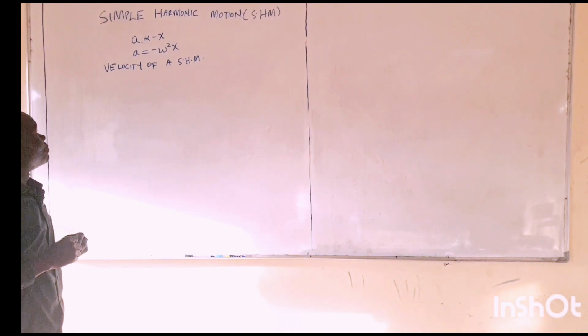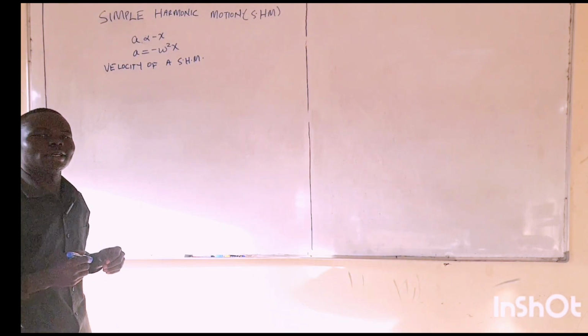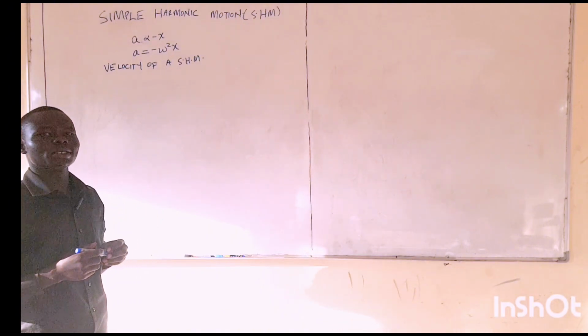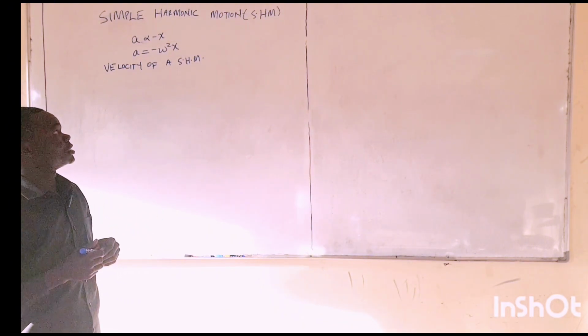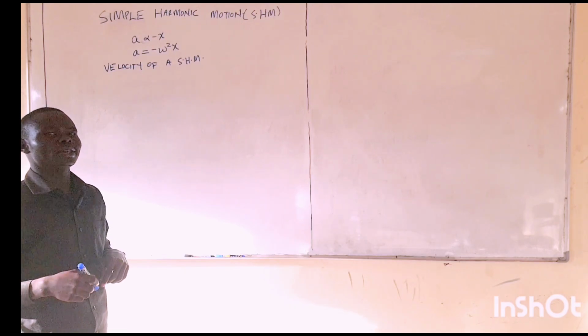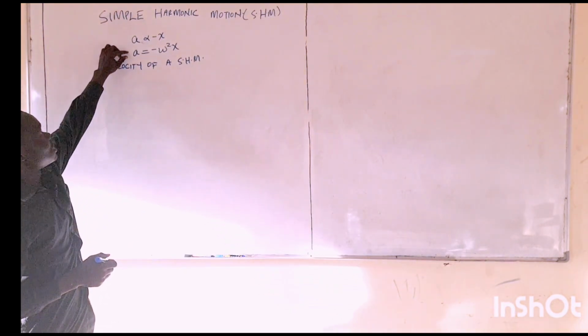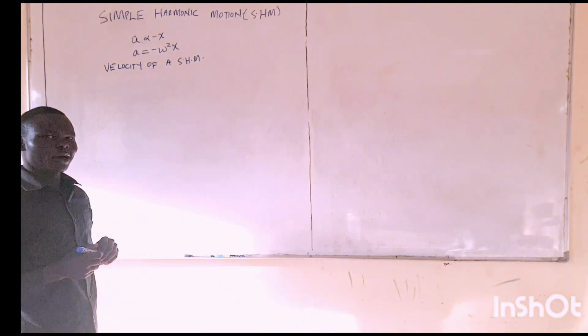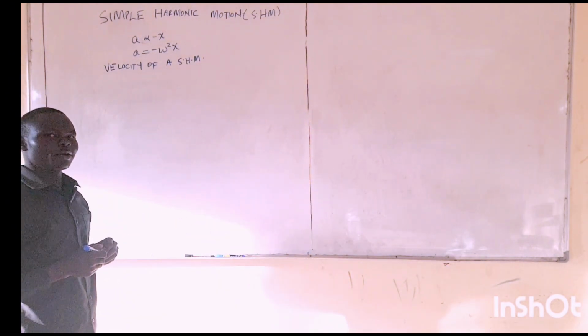When we are talking of velocity of a simple harmonic motion, just like any other velocity, it is the rate of change of displacement with time of a body in motion. In this case, we shall consider the body describing simple harmonic motion. From our acceleration here, we shall get our velocity.